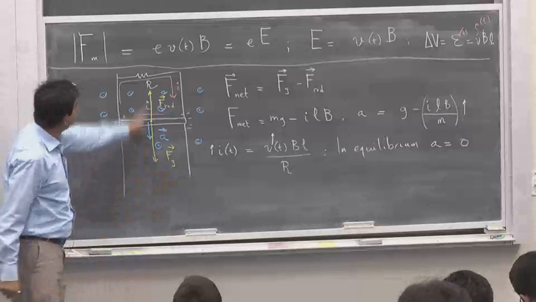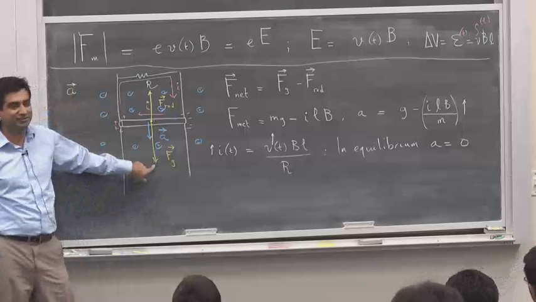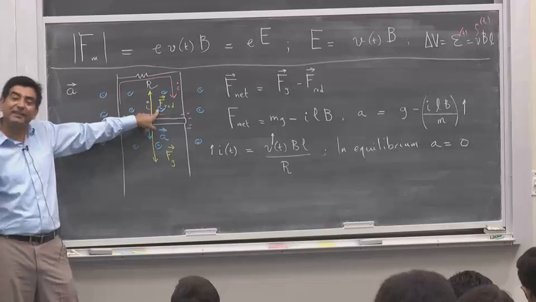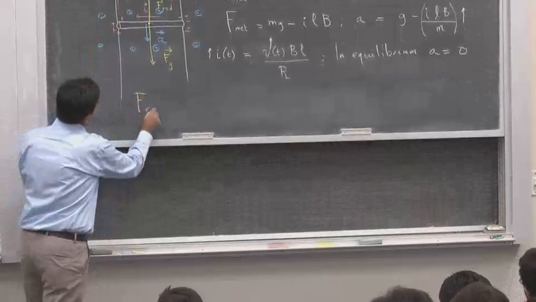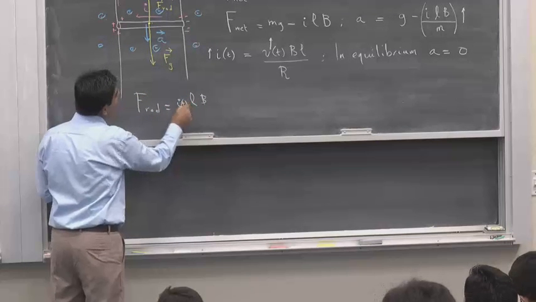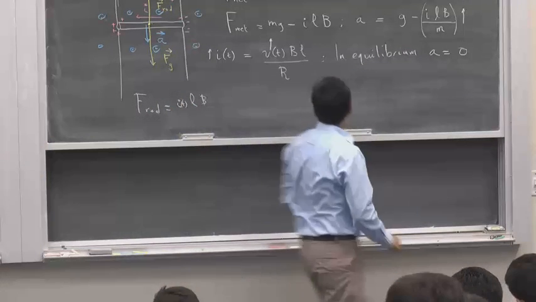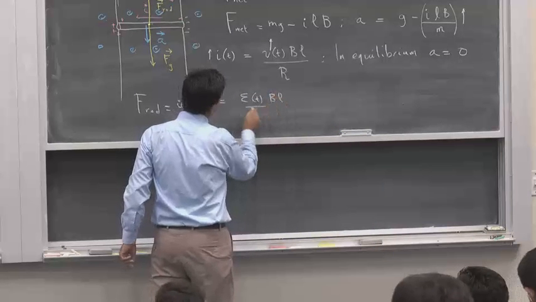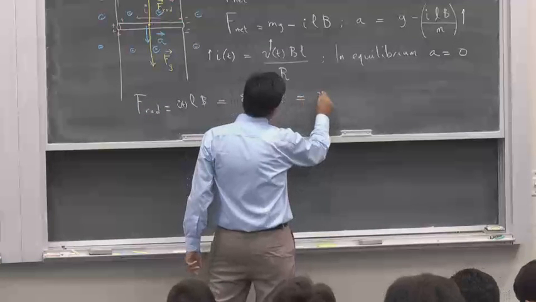Which means that this upward force on the rod becomes equal to the downward force. This is constant. It's mg. It's not going to change. But this force on the rod is going to go up if the current goes up, because this F on the rod is simply I L B. But this I depends upon the EMF, which is a function of time, B L v over R. But this EMF depends upon the speed v.